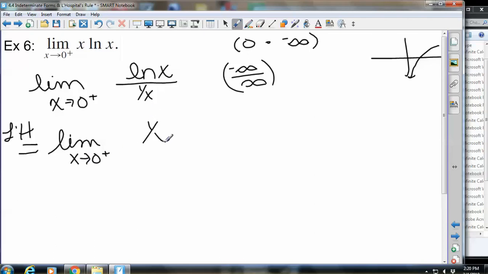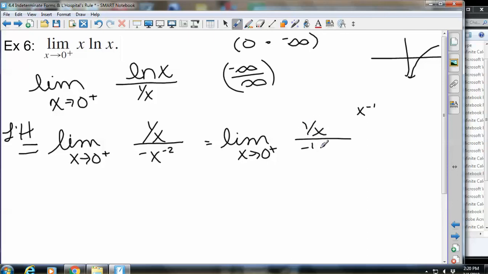So the derivative of natural log is 1 over x. The derivative of 1 over x, keep in mind that's just like x to the negative 1, so it'd be negative x to the negative 2. Or you could think of that as 1 over x divided by negative 1 over x squared. How do you divide fractions?